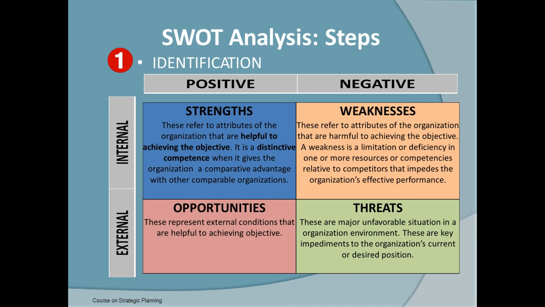So weaknesses refer to the attributes of the organization that are harmful to achieving the objective. A weakness is a limitation or deficiency in one or more resources or competencies relative to competitors that impedes the organization's effective performance. For opportunities, this represents external conditions that are helpful to achieving the objective.